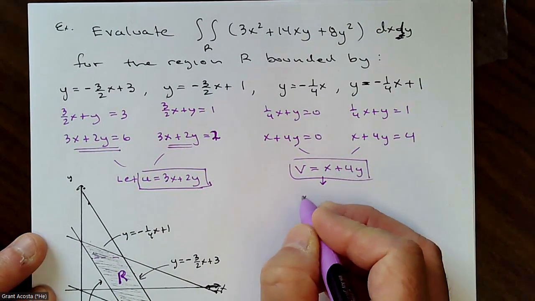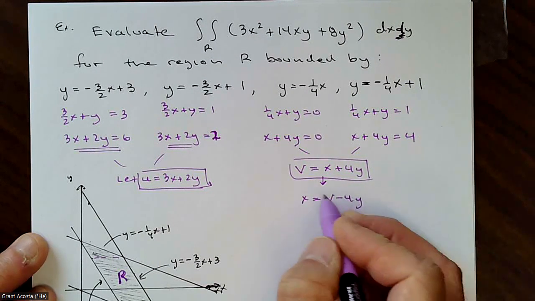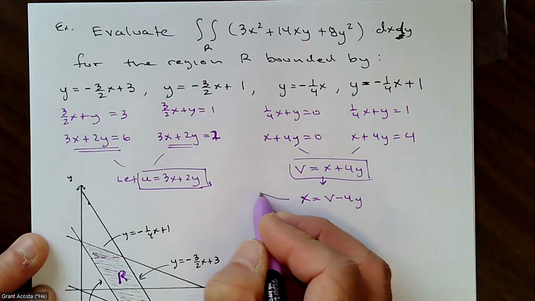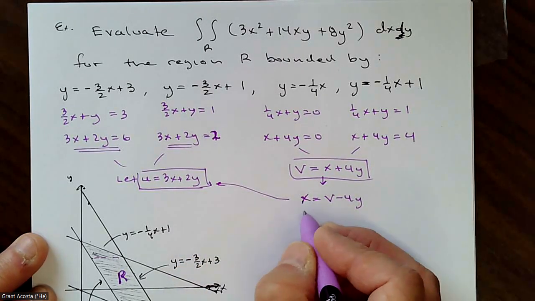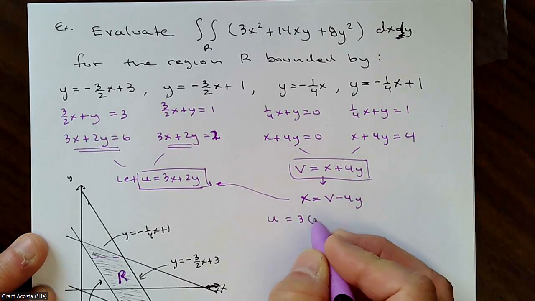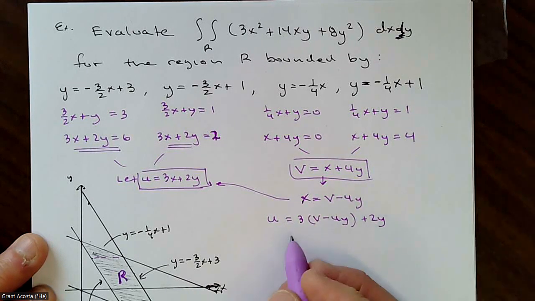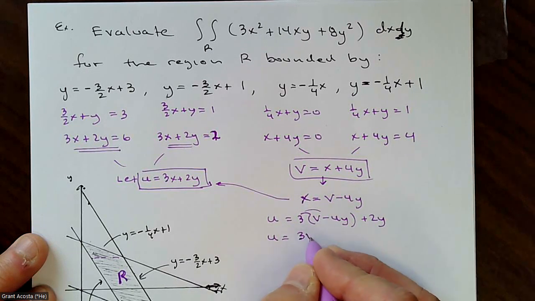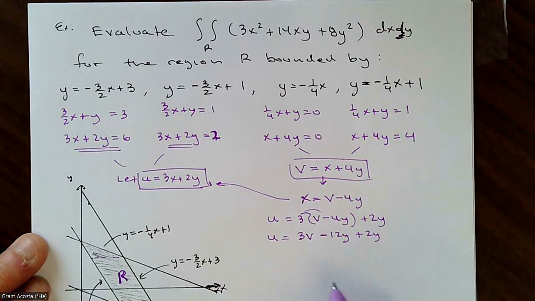So if I solve this for x, I get x is equal to v minus 4y. And then what I'm going to do is plug this into my other substitution. So that's going to give me u equals 3x, so 3 times v minus 4y plus 2y, distribute, minus 12y plus 2y.